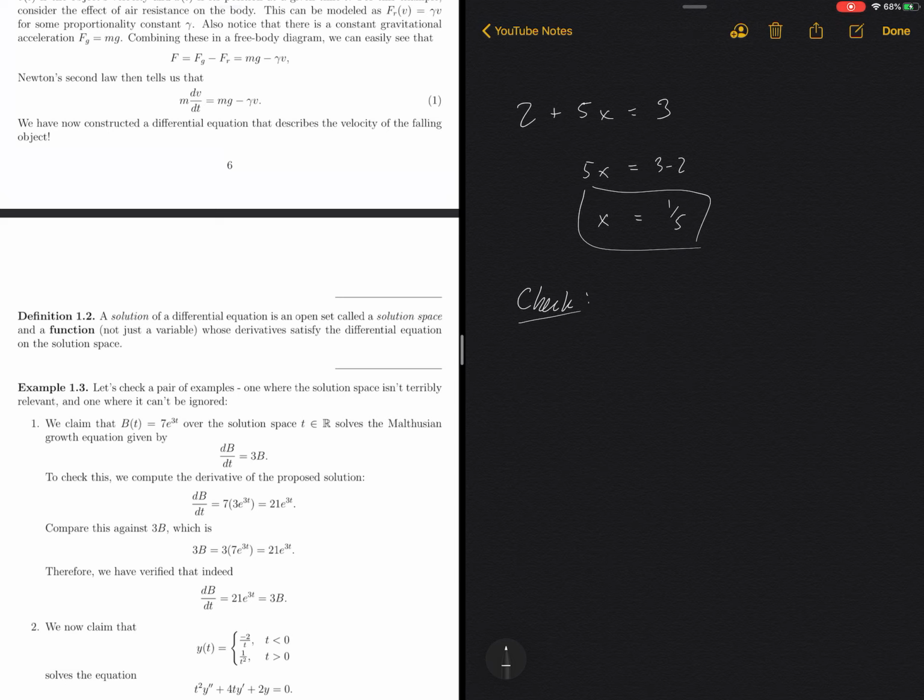And we can check by plugging this solution back into the algebraic equation, that 2 plus 5 times this proposed x solution, this is 2 plus 1, which indeed is equal to 3. So that is what we know our equations to look like from before this lecture series.